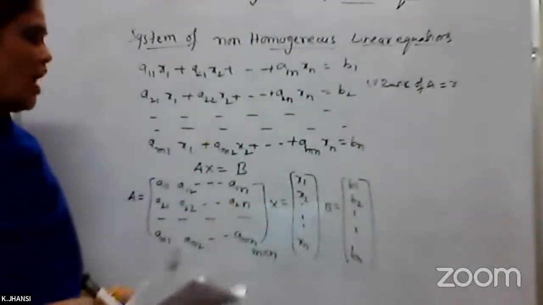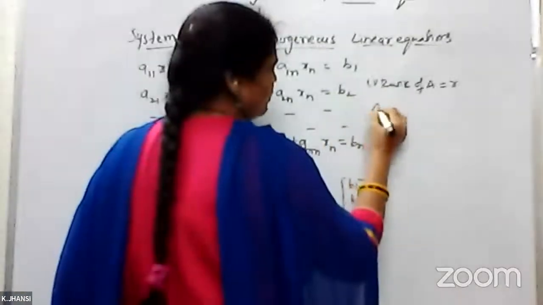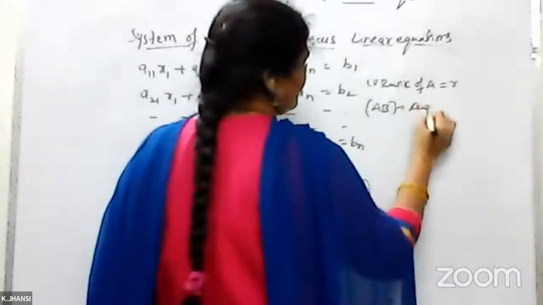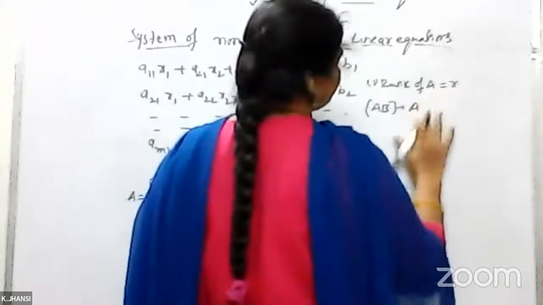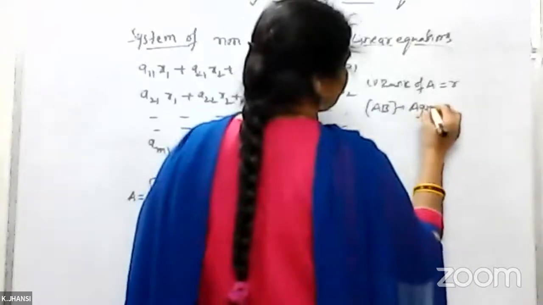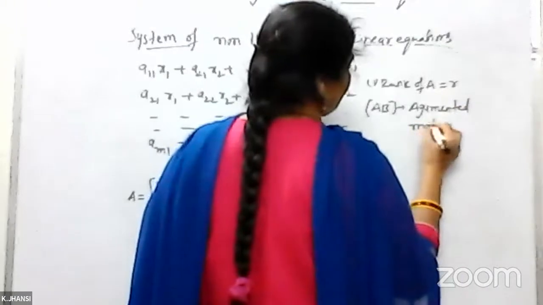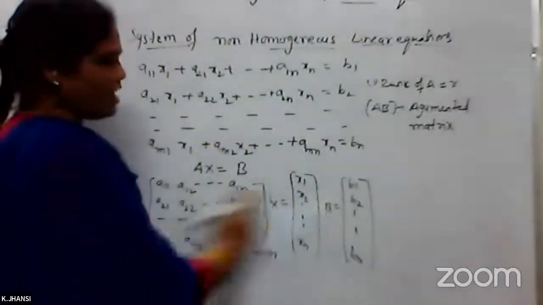Okay, and we know the combination of A and B, if you put it like this, is called the augmented matrix AB. That is, A and B we are combining.